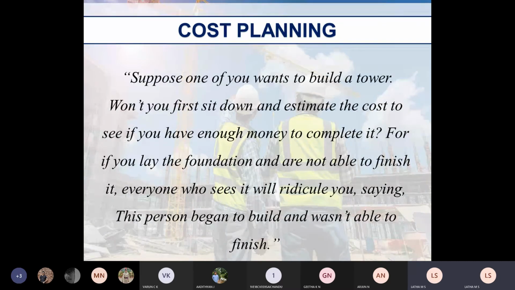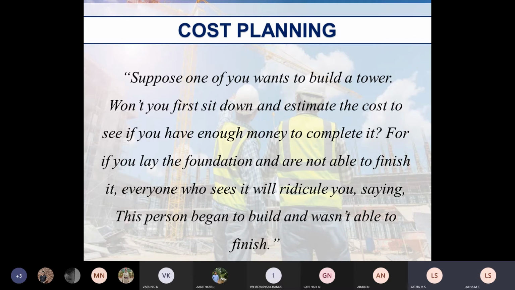And cost planning, suppose one of you wants to build a tower, you would sit down and estimate the cost to see if you have enough money to complete it. If you lay the foundation and you are not able to finish, everyone who sees will ridicule you, saying this person began but was not able to finish.